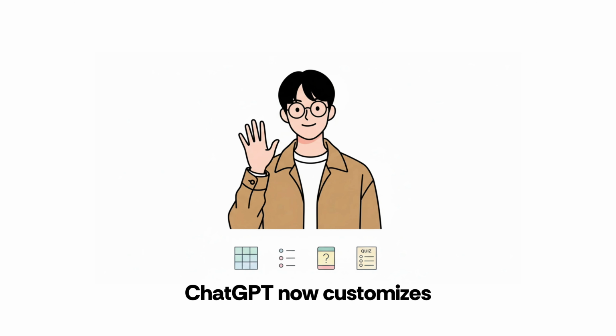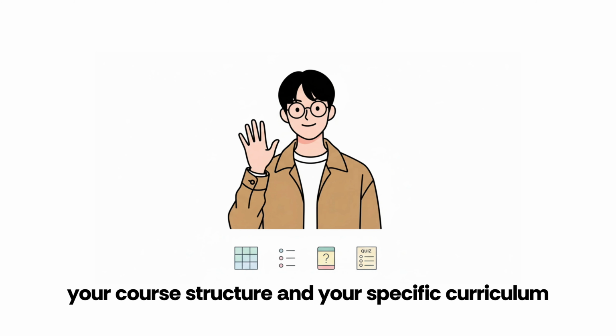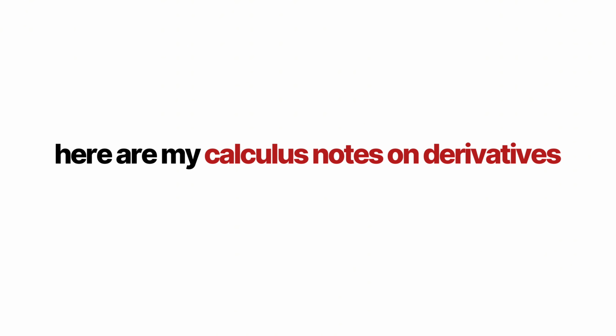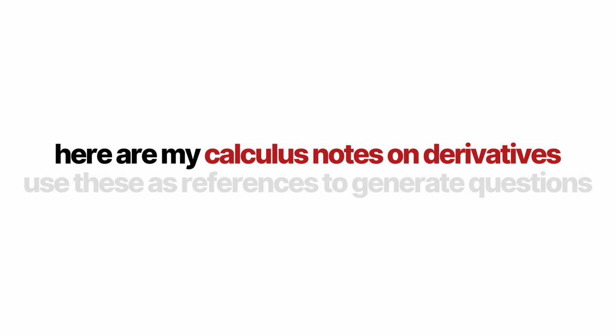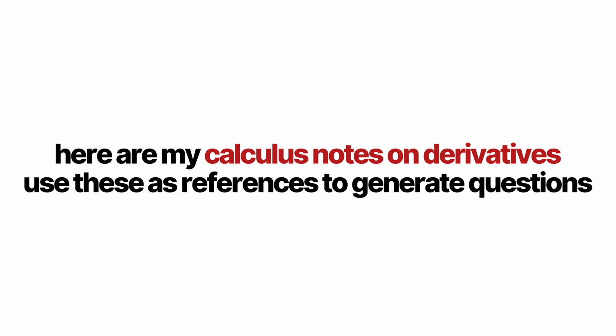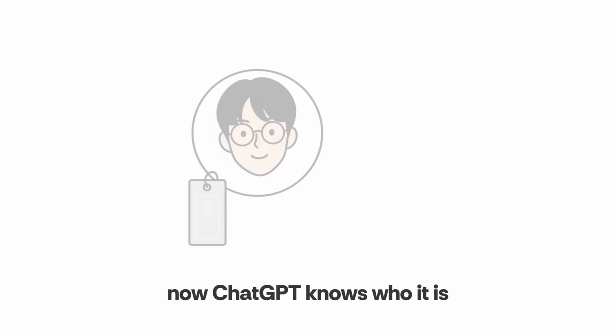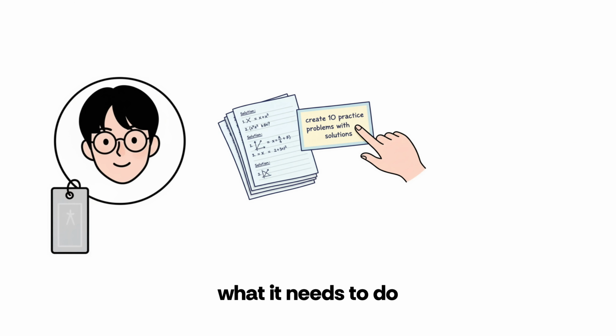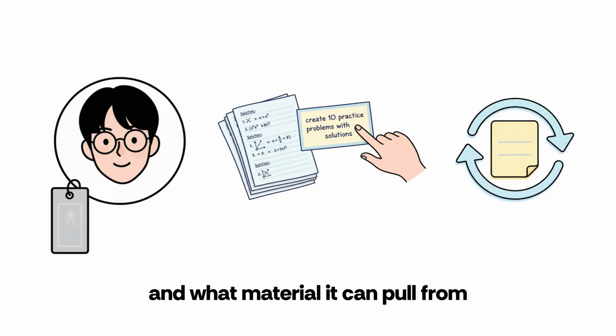ChatGPT now customizes based on your professor's language, your course structure, and your specific curriculum. It's not generic anymore. It's personalized. For example, "Here are my calculus notes on derivatives. Use this as references to generate questions." Now ChatGPT knows who it is, what it needs to do, and what material it can pull from.